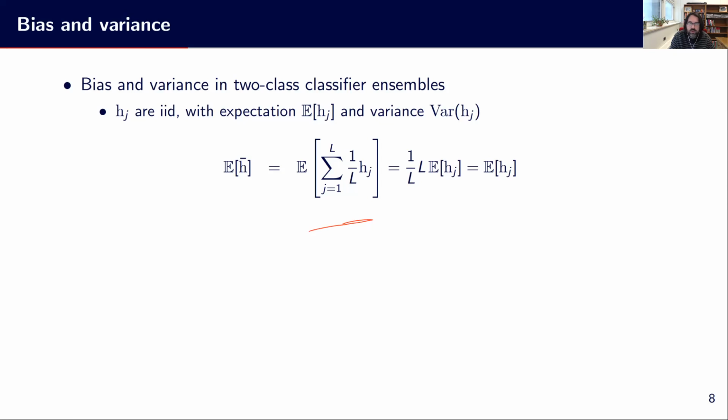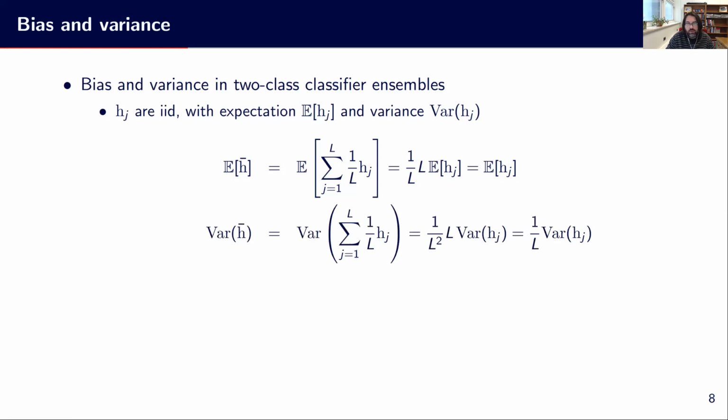So we need this because we want to develop the bias and the variance of the ensemble. So basically the expectation of a sum like this, we can simplify this like that and basically state that in fact, given that our models are IID, the expectation of the ensemble is corresponding to the expectation of each member.